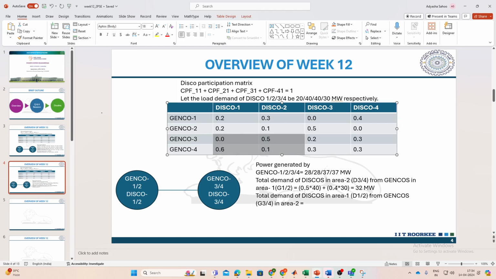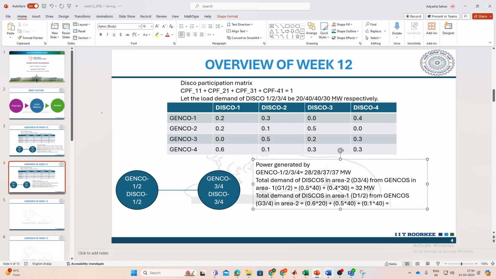So DISCO 1 is taking 0.6 of its requirement, which is 0.6 of 20 from GENCO 4, and DISCO 2 is taking 0.5 of its requirement, which is 40 from GENCO 1, plus it is also taking 0.1 of its requirement from GENCO 4.